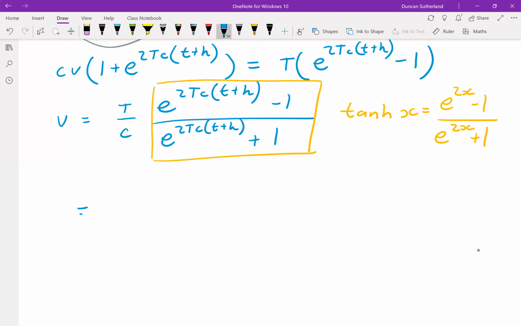So I can write this as t on c tanh, reordering very slightly so that I can directly compare with the solution from Wolfram Alpha. And we've got it right, finally.